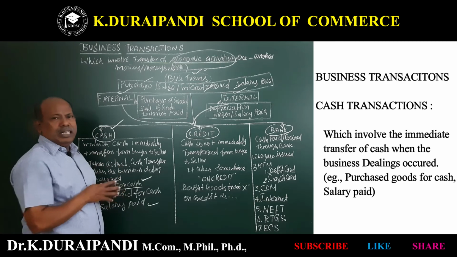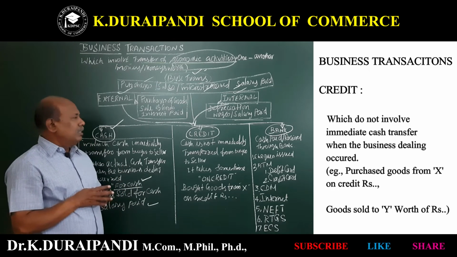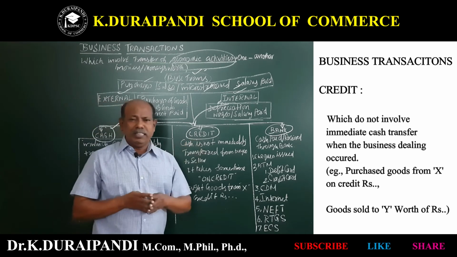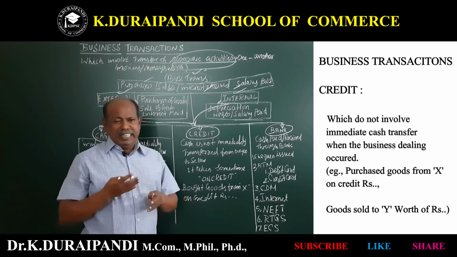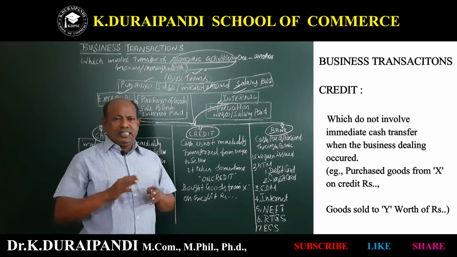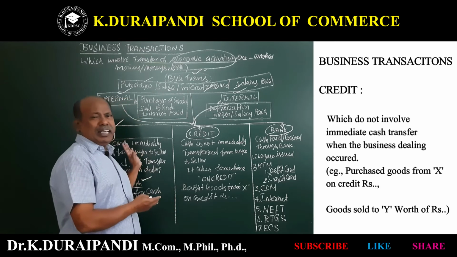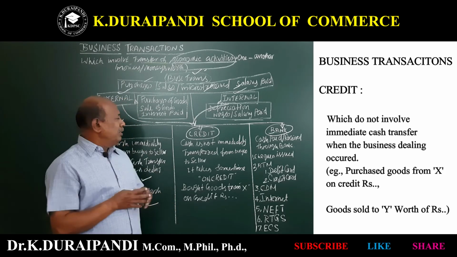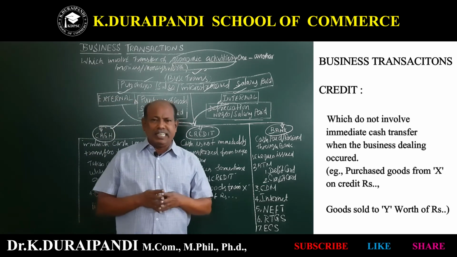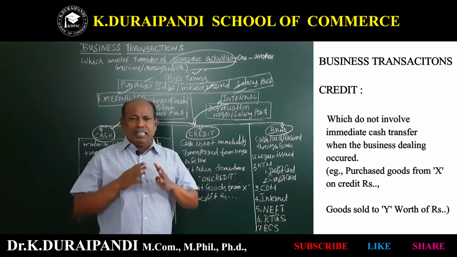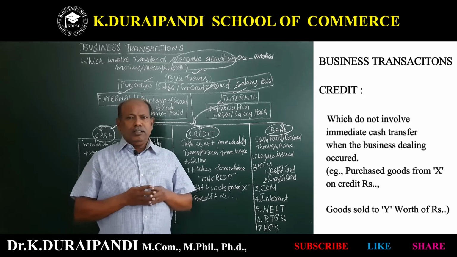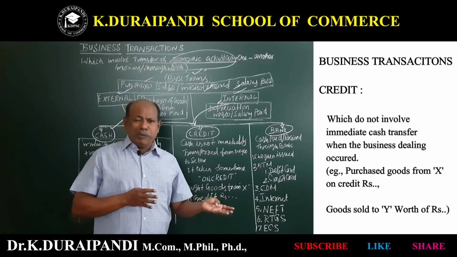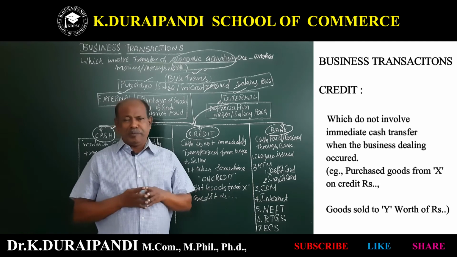So, these are all about cash transactions. Next, we come to credit transactions. You know what credit transactions are? It is just the opposite of cash transactions. In credit transactions, actual cash is not immediately transferred from one person to another person.